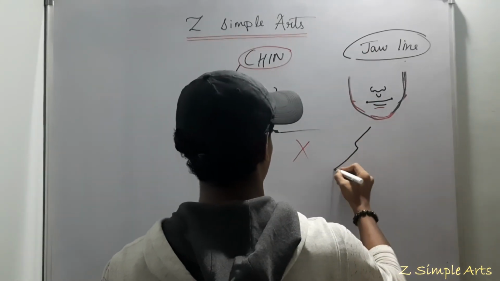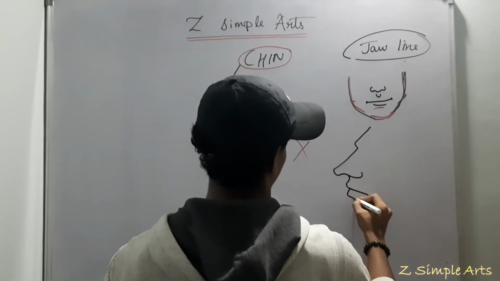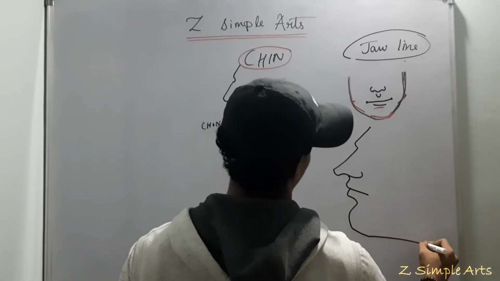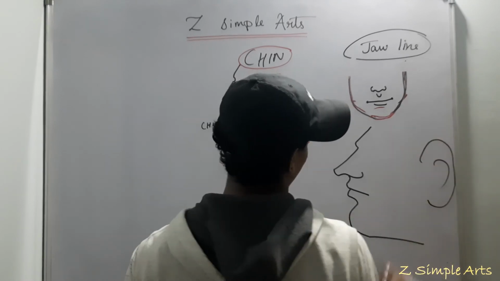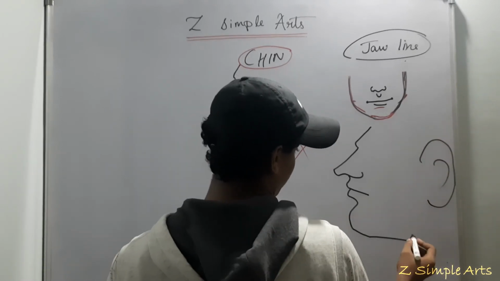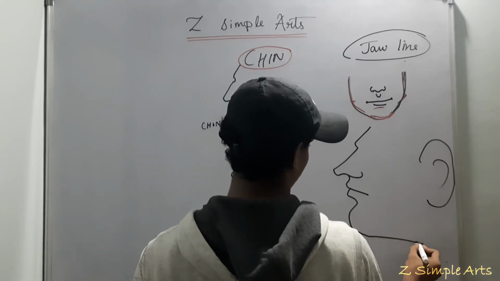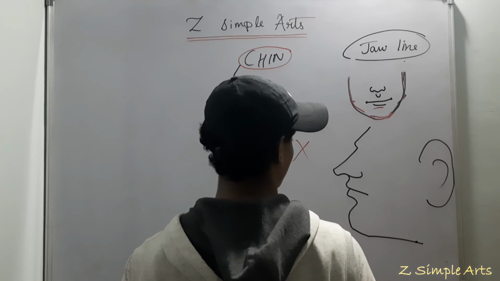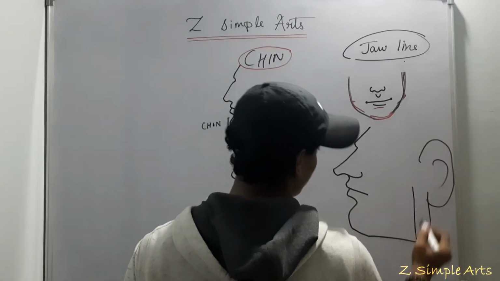So I'll draw this person, and there's the ear. So the point where you need to stop your jawline, the angle of the mandible should be in front of the ear.